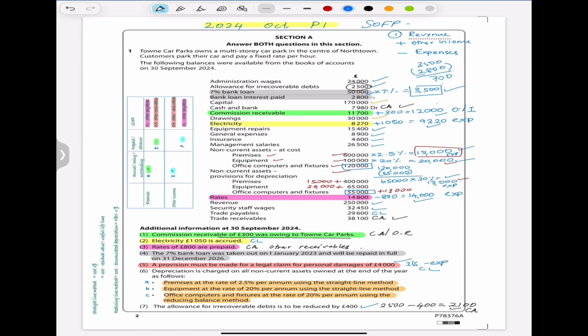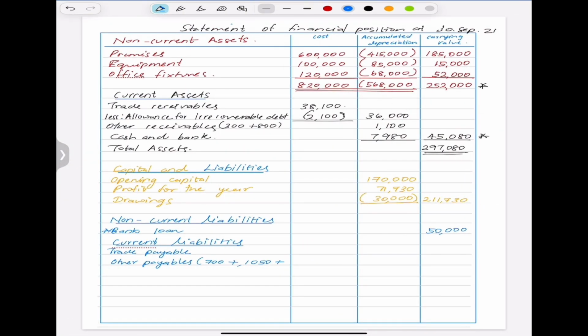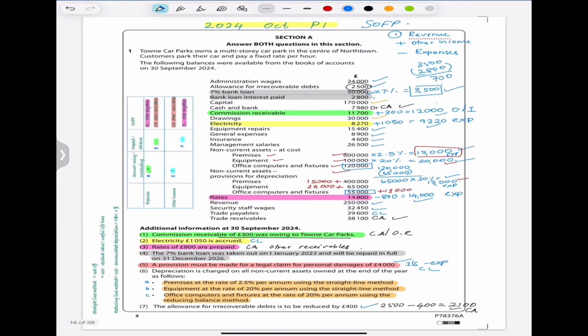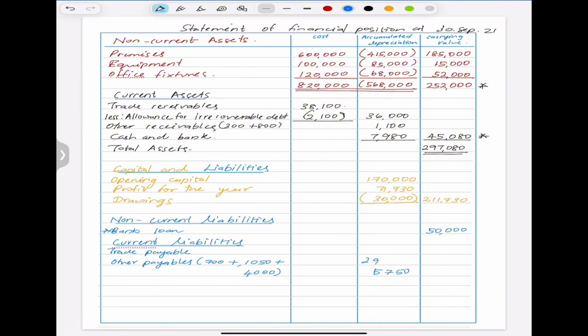This also should go under current liability. Therefore, this should add up to 5,750. And trade payable is 29,600. Now, if you add up these two, it should total up to 35,350.